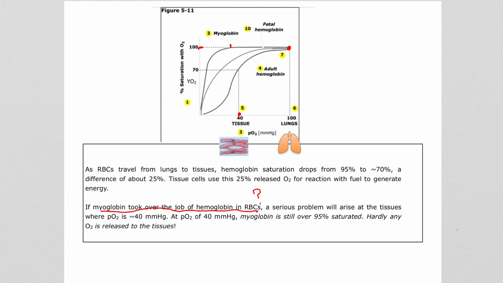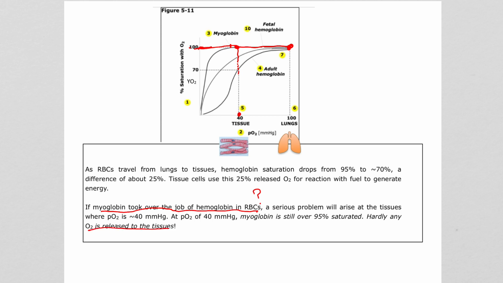But when you reach PO2 of 40, if you extrapolate 40 to the myoglobin curve, you see that this is still around 99%. So basically, myoglobin binds very well, but it doesn't release. It binds oxygen, but it does not release oxygen.